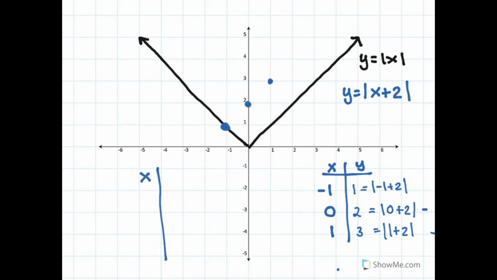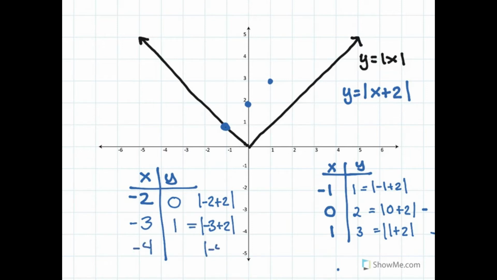Let's make another table. How about when x is negative 2? Well, the absolute value of negative 2 plus 2 is 0. So I have the point negative 2, 0. How about negative 3? Well, negative 3 plus 2 is negative 1. The absolute value is 1. Negative 4. Negative 4 plus 2 is negative 2. The absolute value is 2.